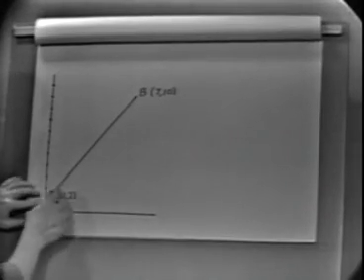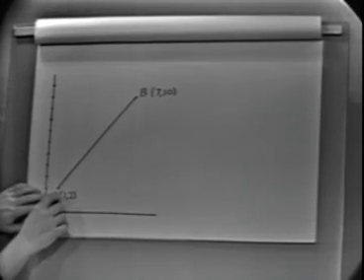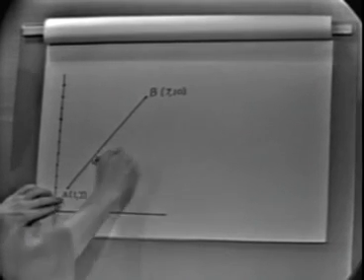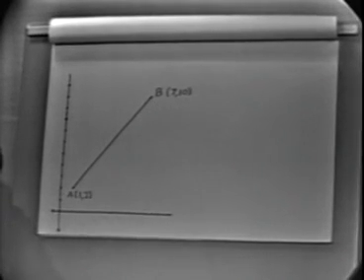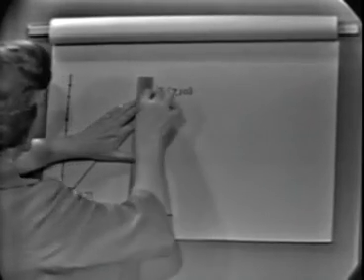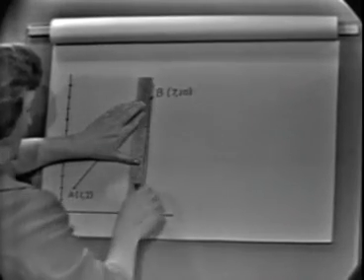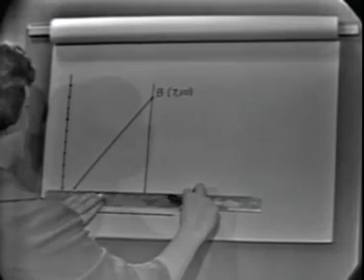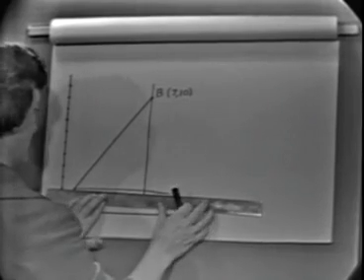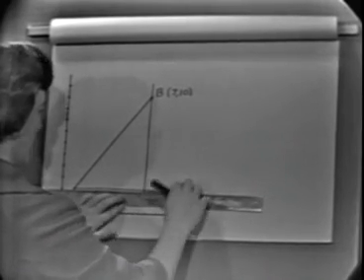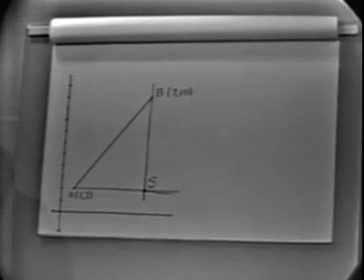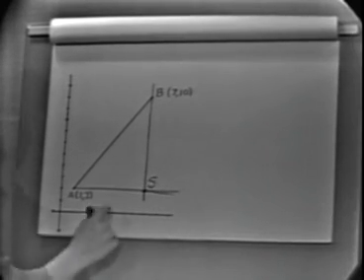Let's consider this line segment, line segment AB, whose coordinates are 1, 2, and 7, 10. Let's draw a vertical through B. We'll draw a horizontal through A. Their point of intersection we will call F. What are the coordinates of that point?